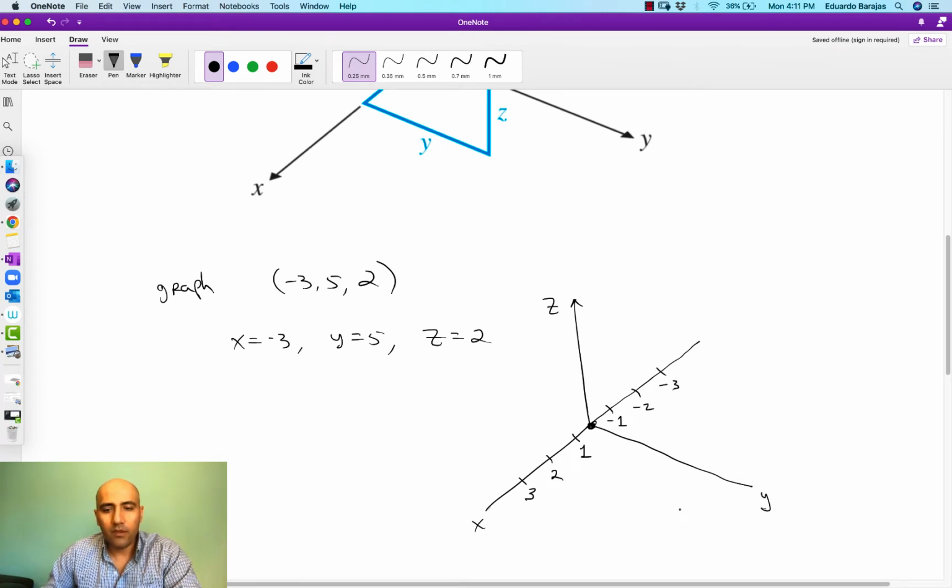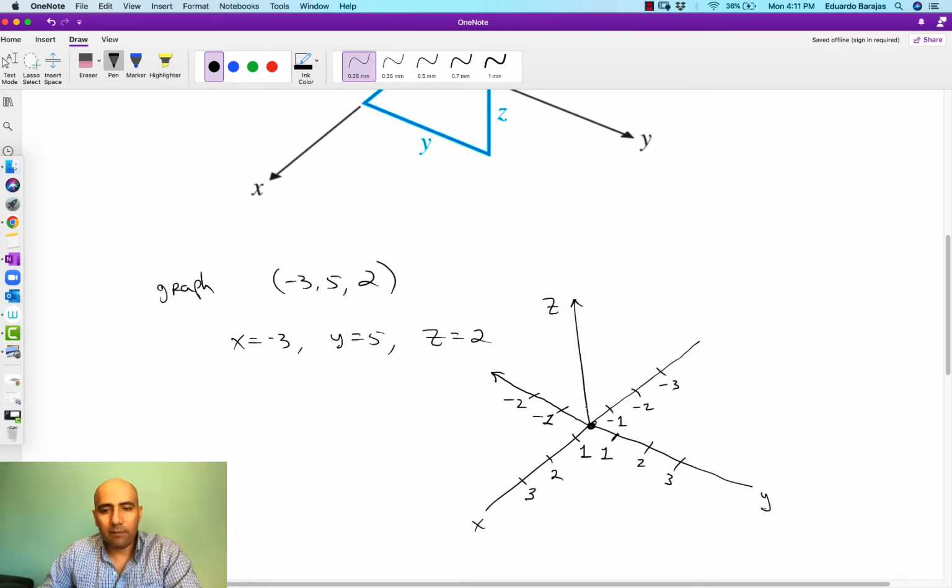There's -3. The y direction, again, we assume that going this way is positive, so that's going to be 1, 2, 3. And then back this way, in that direction, is negative, so this back there would be -1 and -2, and so on and so forth.